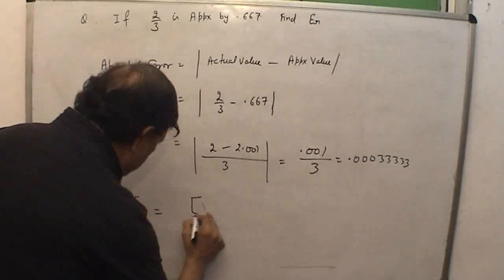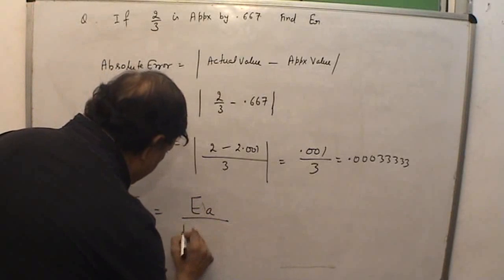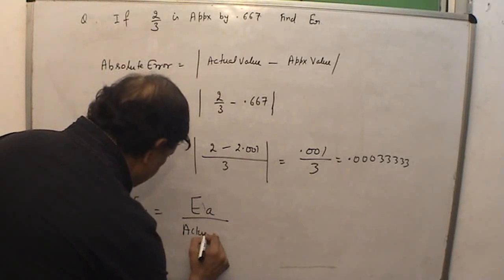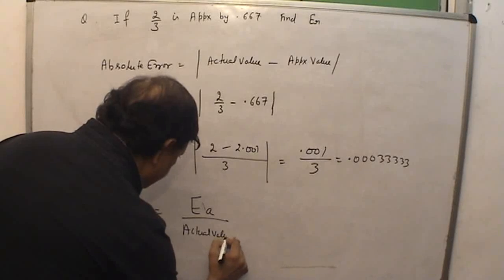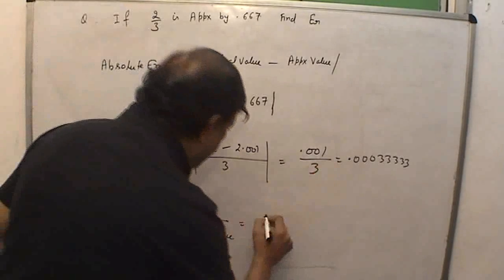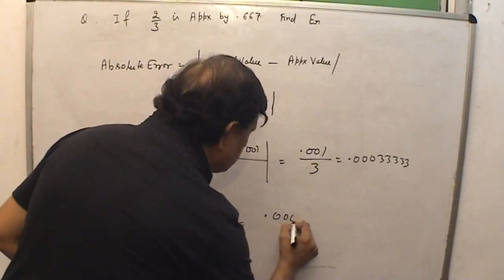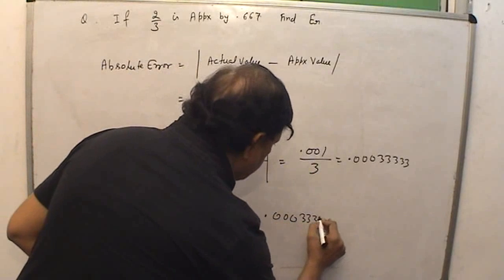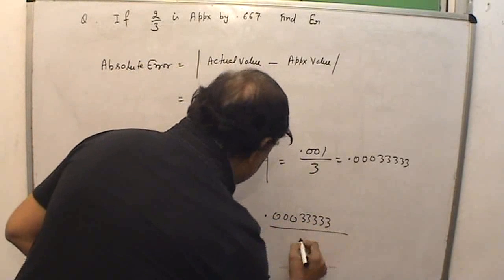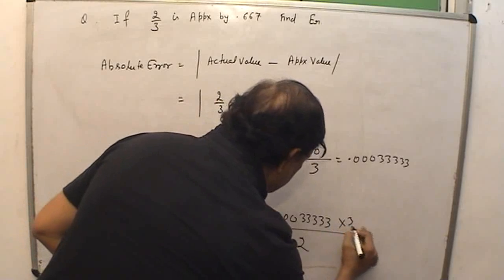That is the absolute error, but we are interested in finding the relative error. That is the absolute error divided by actual value. That means EA, 0.00033333 divided by 2 by 3.